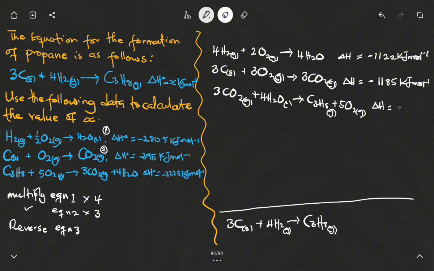That means that we are going to have plus 225 kilojoules per mole.